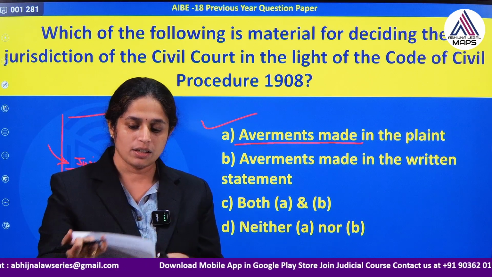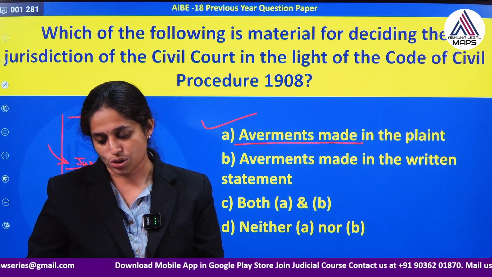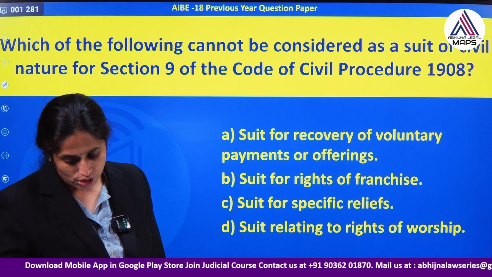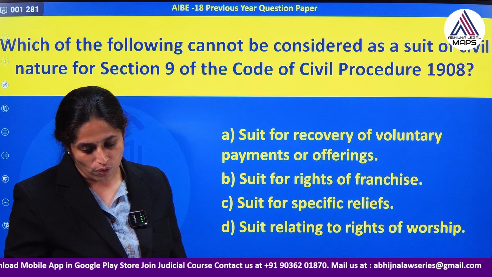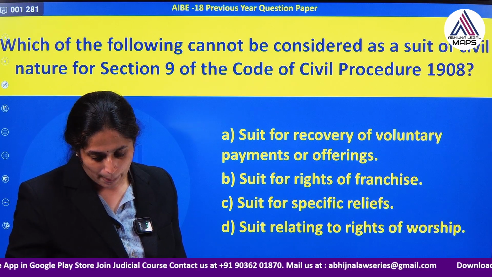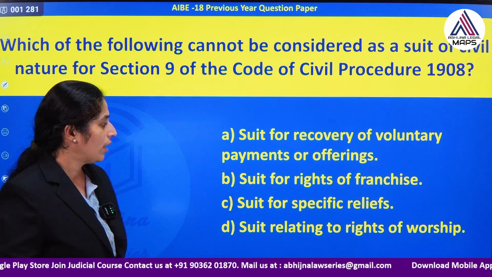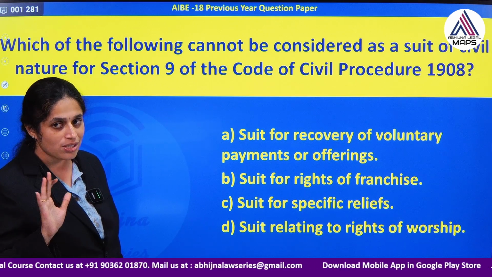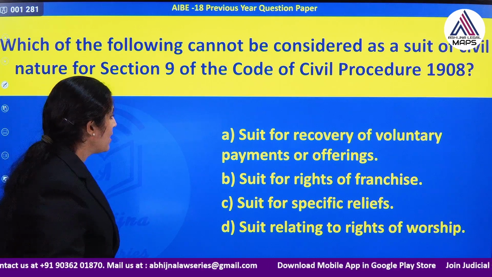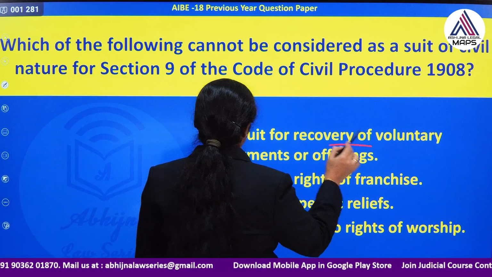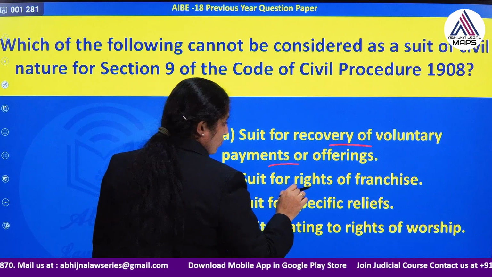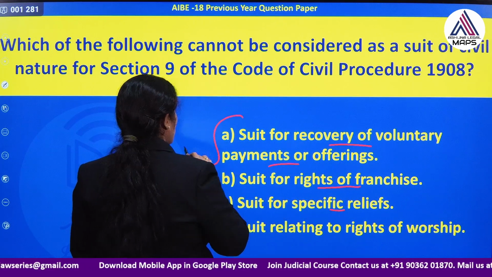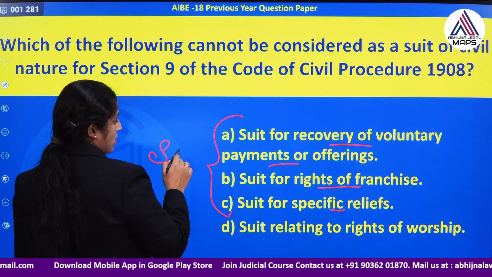Okay. And the next question, 8th question. Which of the following cannot be considered as a suit of civil nature for section 9 of Code of Civil Procedure 1908? So, actually suits relating to pure religious questions cannot be considered as a suit of civil nature, whereas suit for recovery of voluntary payments or offerings, suit for rights of franchise, suit for specific reliefs, all this can be considered as suits of civil nature under section 9 of CPC.